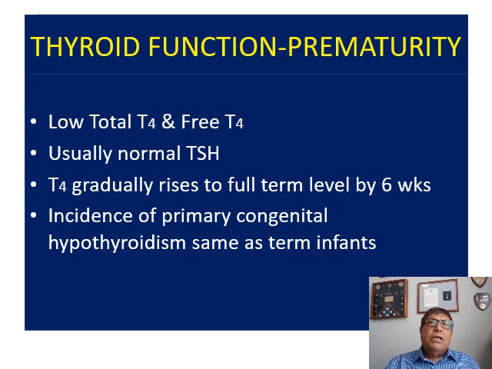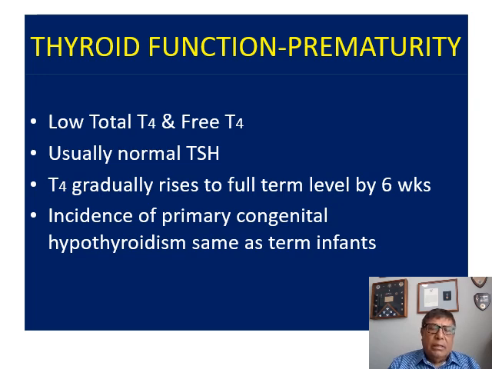Premature babies are also a very common thing that we see. And what we see in premature babies is they have low total T4 and the free T4 is also somewhat low. And this is rather a protective mechanism against the body's external environment, because the body does not need that much free T4 and TSH as a premature baby.